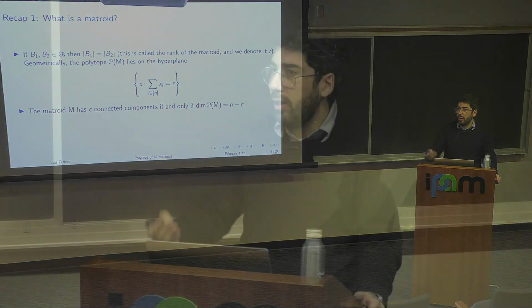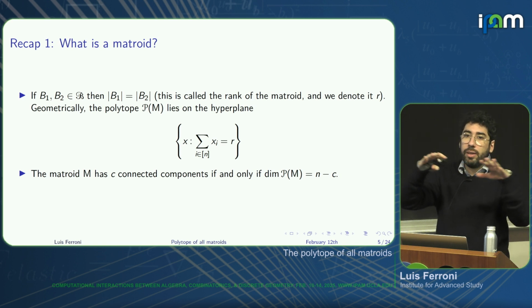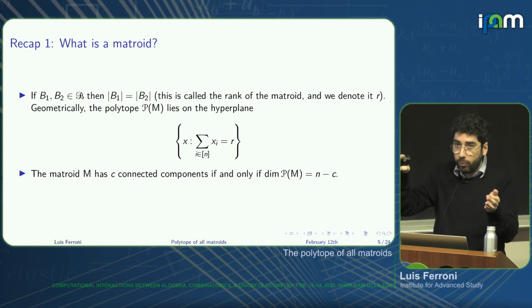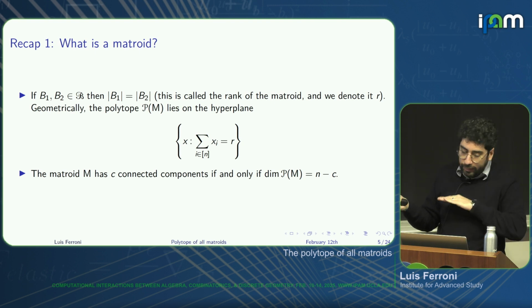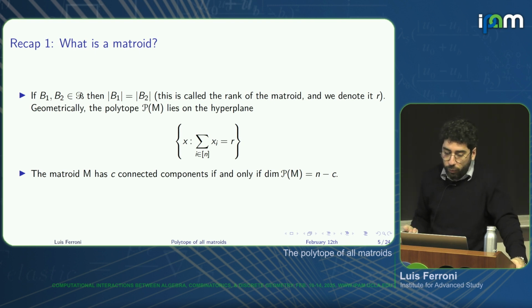You can prove, given the original definition or even the polyhedral definition, that whenever you have two bases, they have the same size, and that size is called the rank of the matroid. I will be denoting the rank of the matroid in this talk by the letter r. Since all the bases have the same cardinality, all the indicator vectors have the same sum, which is r, and therefore my polytope lives in this codimension 1 hyperplane, given by all vectors whose sum of coordinates equals r.